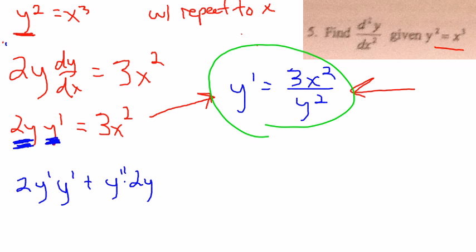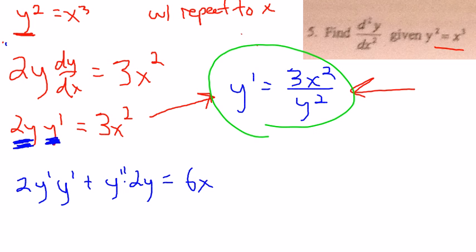That's the whole derivative of the left-hand side. From here, I derive the right-hand side, and this is super easy with respect to x. It's 6x, and the power drops down to 1, so it's just 6x.